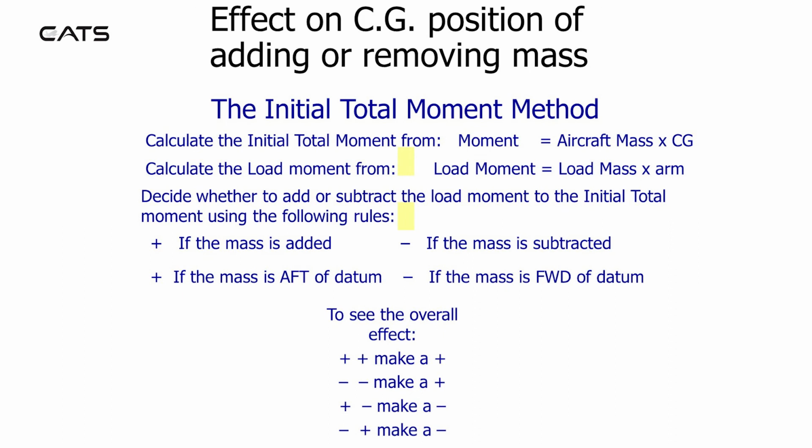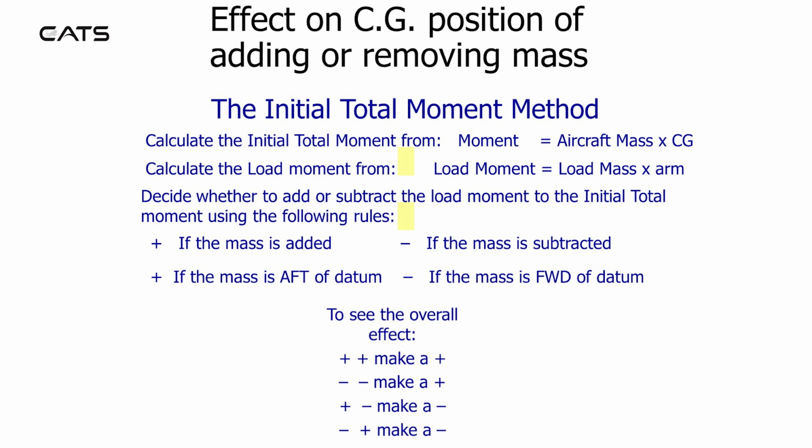The effect on CG position of adding or removing mass. The initial total moment method. Calculate the initial total moment from moment equals aircraft mass times CG. Calculate the load moment from load moment equals load mass multiplied by arm. Decide whether to add or subtract the load moment to the initial total moment using the following rules.